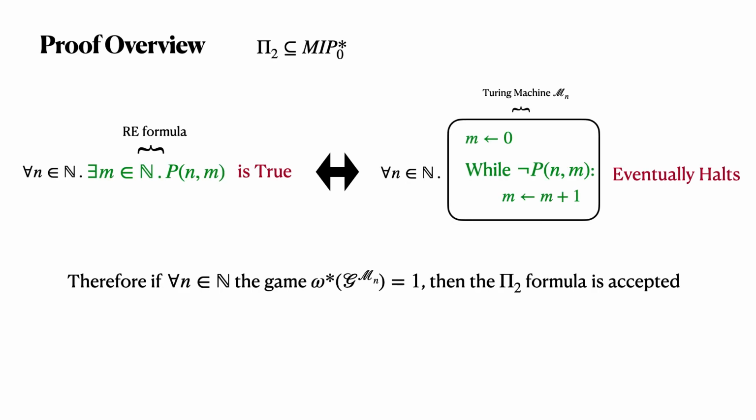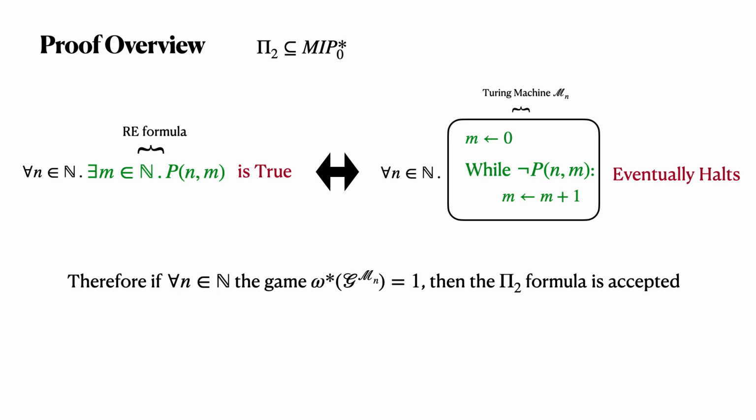Now, back to our result, we have to construct a game for a pi2 formula. In a pi2 formula, we have a for all quantifier followed by an existential quantifier. We first construct a game that eliminates the existential quantifier. The inner predicate is an RE predicate, so we can decide it using the halting game of the previous slide. Let's be a bit more formal.